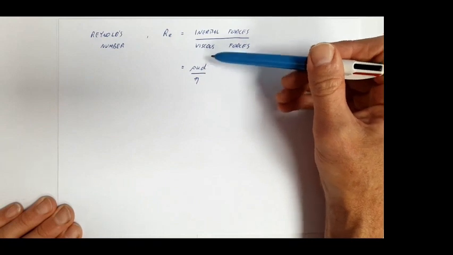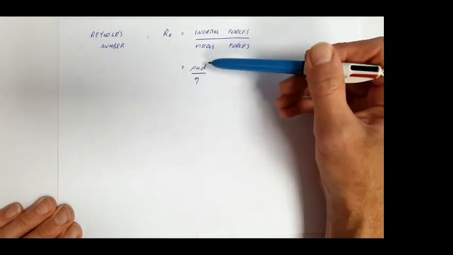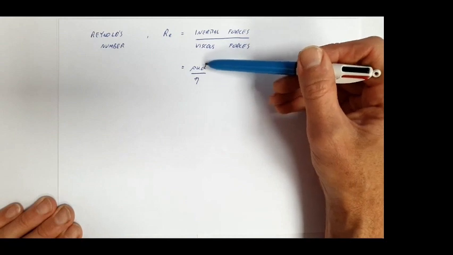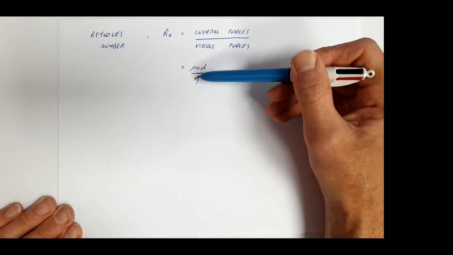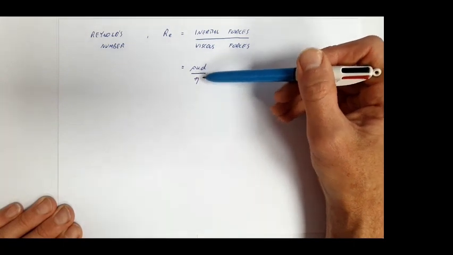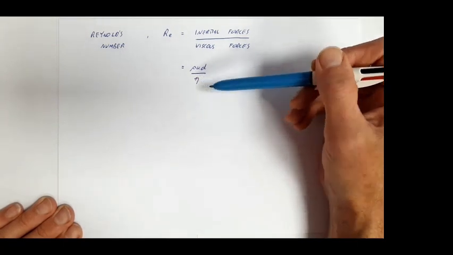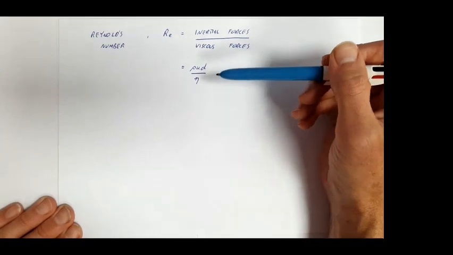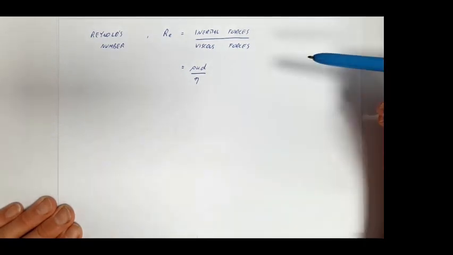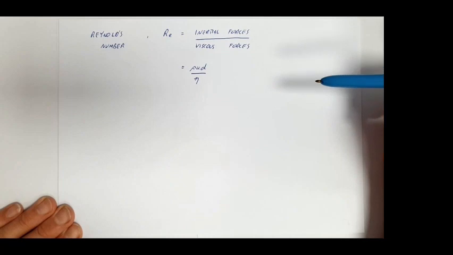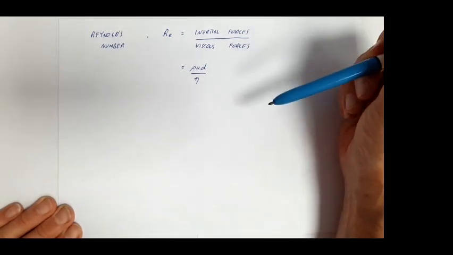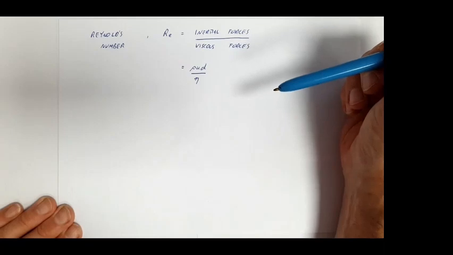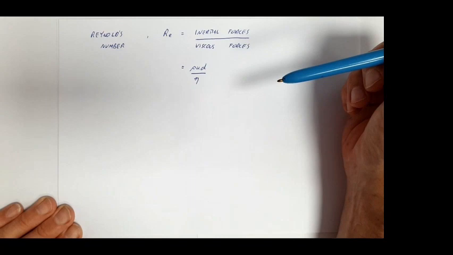It differs depending on which application you're talking about, but d is some sort of distance, some sort of length, some sort of diameter, and then we've got our dynamic viscosity on the bottom of the equation there. So if we've got a low Reynolds number, we've got high viscous forces, low inertial forces, high viscosity, low velocity, low length. So for a low Reynolds number, we would expect laminar flow.